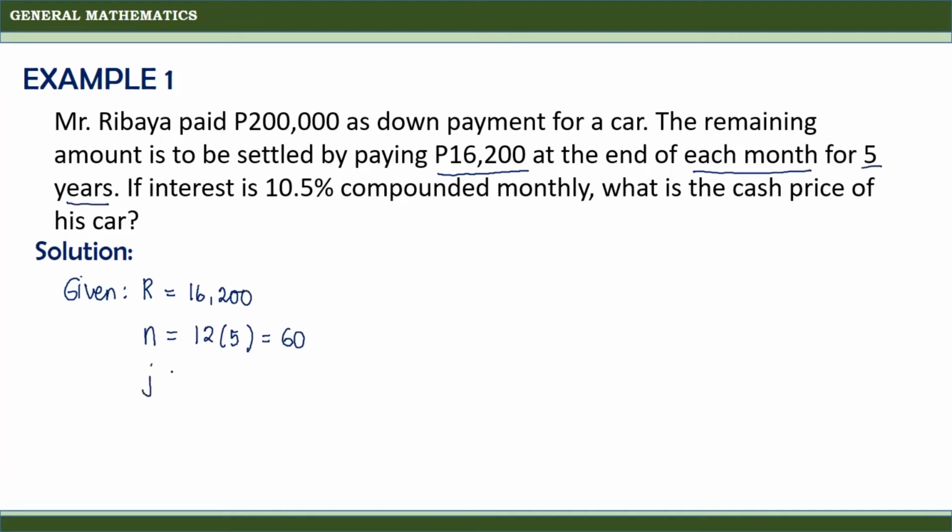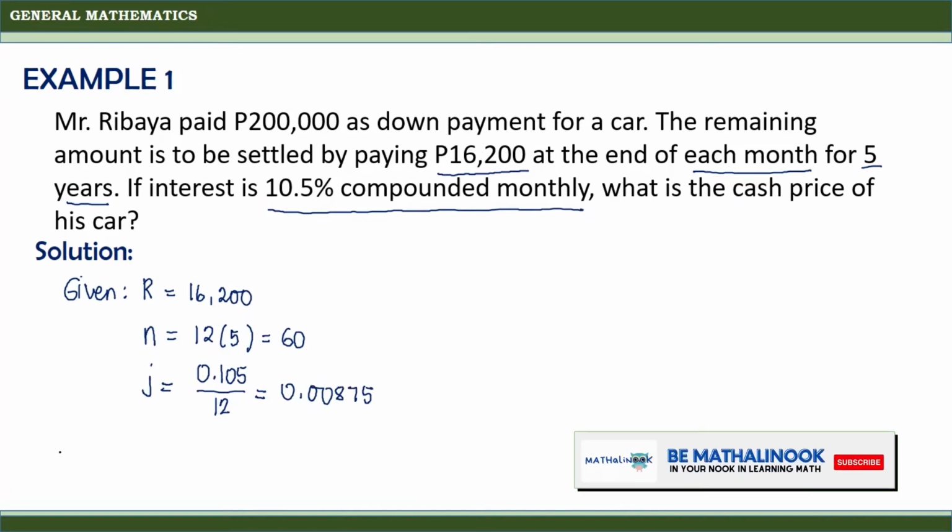Moreover, j is equal to 0.105 divided by 12, because the interest is 10.5% compounded monthly. So, this is equal to 0.00875.